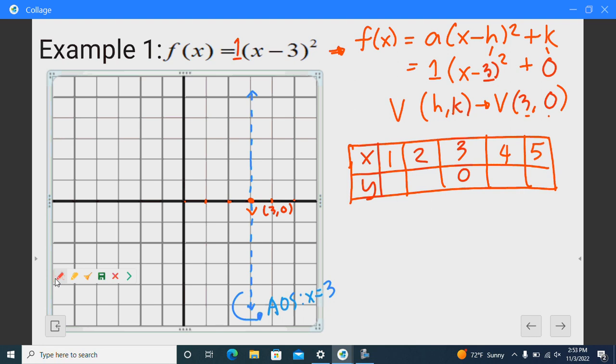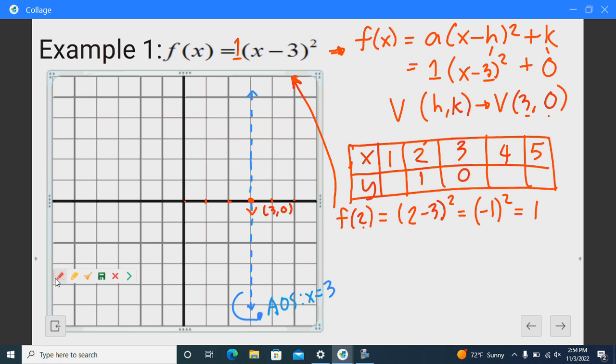So let's solve for it. Let's start with 2. Go back to the original equation. So f(2) is 2 minus 3 squared. 2 minus 3 is negative 1, squared gives us positive 1. So if x is 2, then y is 1.